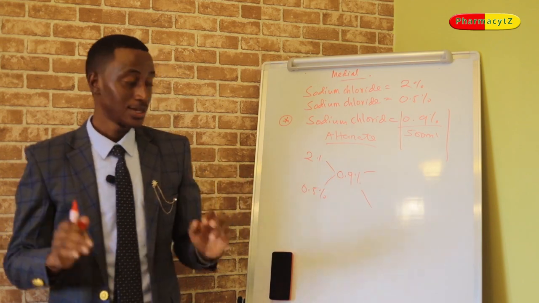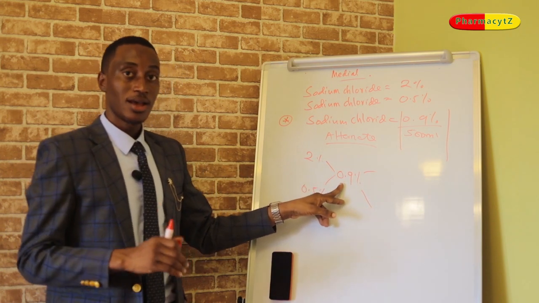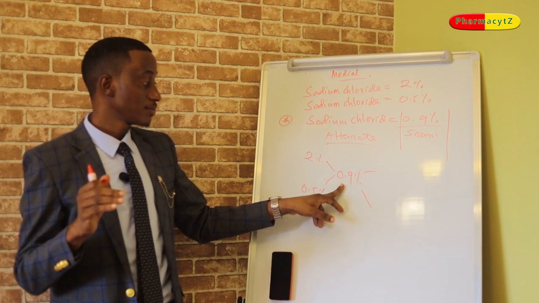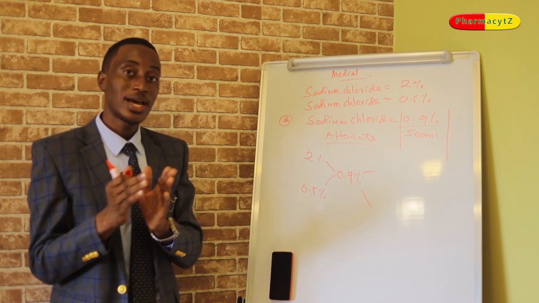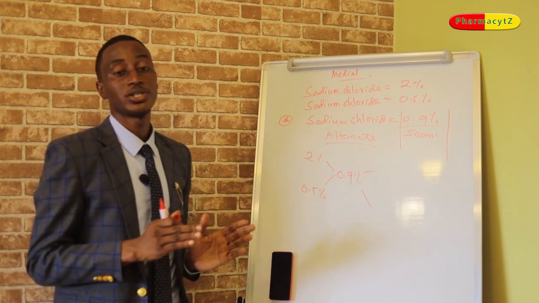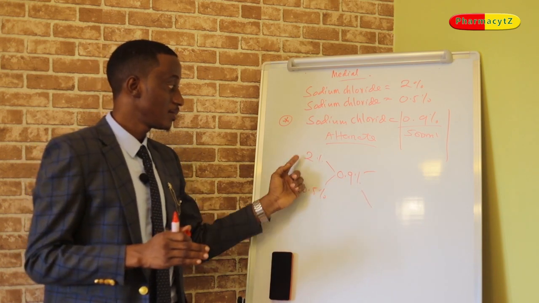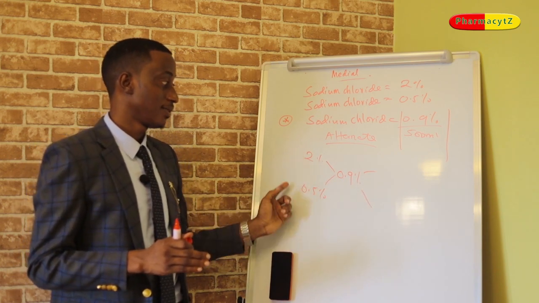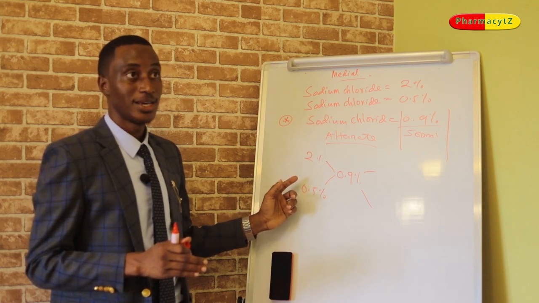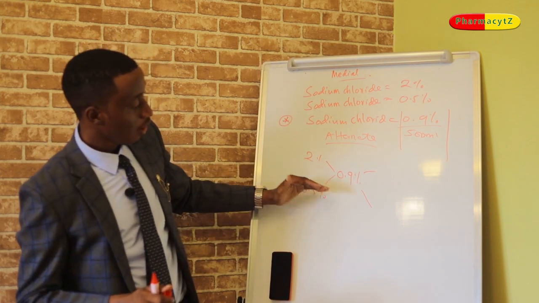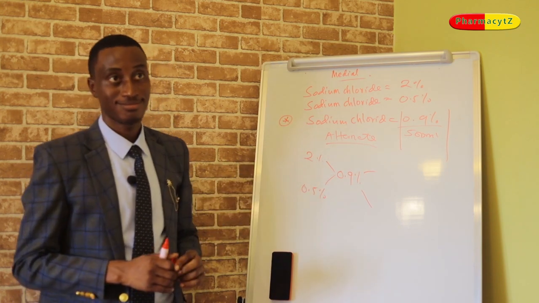In simple terms, the required concentration should lie in between the concentrations of the components. So 0.9 is in between 0.5 and 2%. It should not be greater or less.